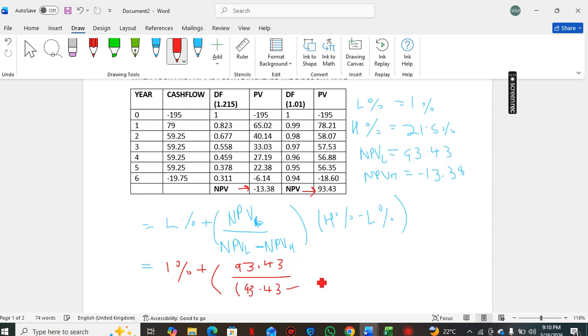Minus net present value with a higher discount rate, negative 13.38. Open brackets, 21.5 minus 1%. Just leave them as percentages so that your final answer, you just get it as a percent.